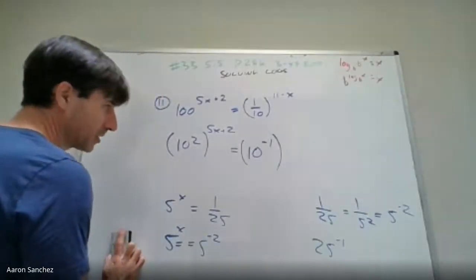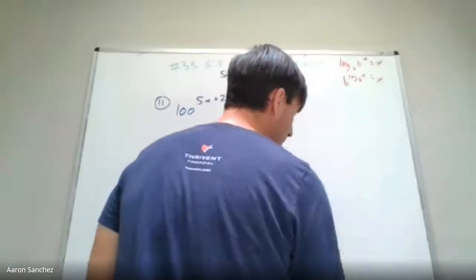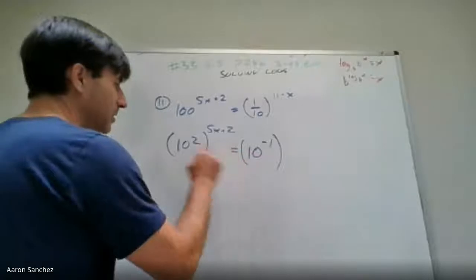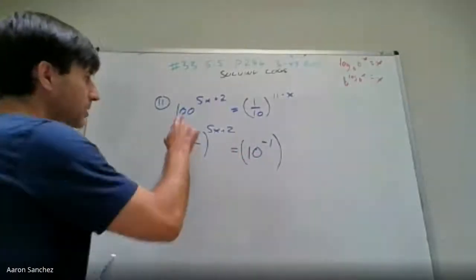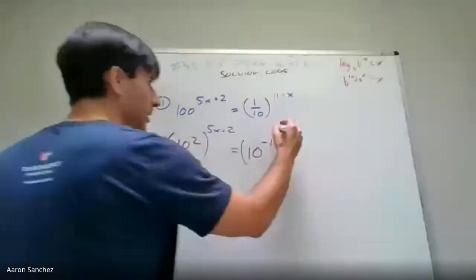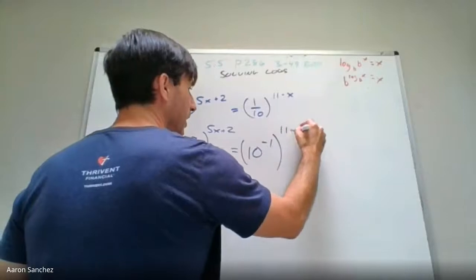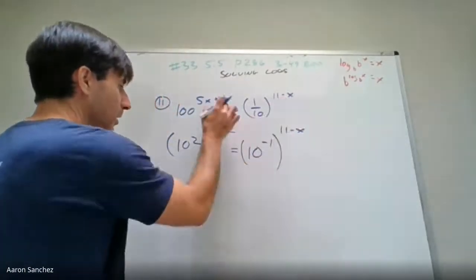I'm going to erase this for a second. But what makes this the hardest is finding the bases and making them the same, right? So you have to think, well, this is going to be 10, and 10 is 10 to the -1. So anyway, this becomes 11 minus x, right? I put that here. This is 1/10, and I just put the exponents where they go.